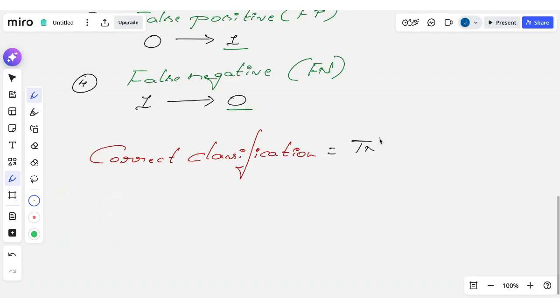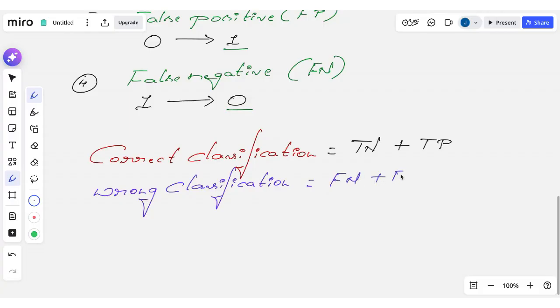Correct classification in the sense true negative because 0 is getting classified as 0, and true positive because 1 is getting classified as 1. Similarly, the wrong classifications are the opposite: false negative and false positive.